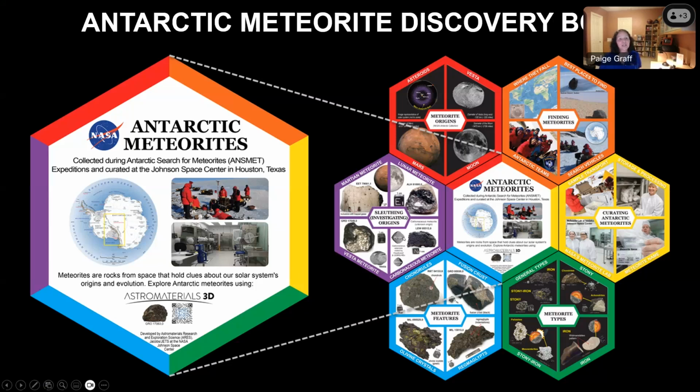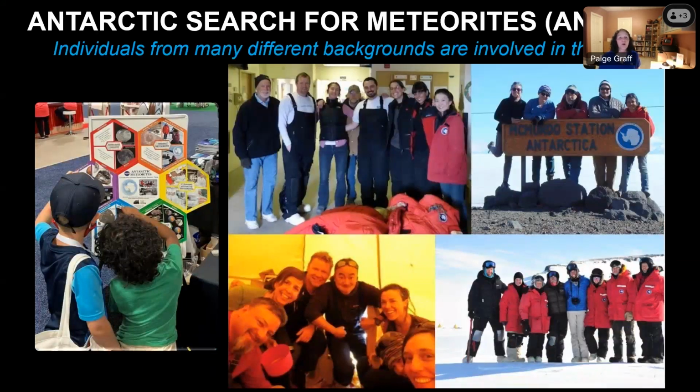Now, the other neat thing is you might see some people in some of the pictures and in some of the laboratories. And one really important part that we want to make sure that learners of all ages realize is that our meteorites in our collection come from the Antarctic Search for Meteorites, or ANSMET expeditions, where folks are sent out to Antarctica to search for meteorites.